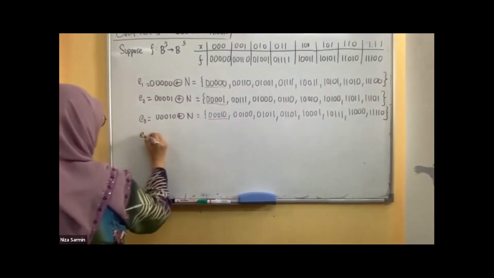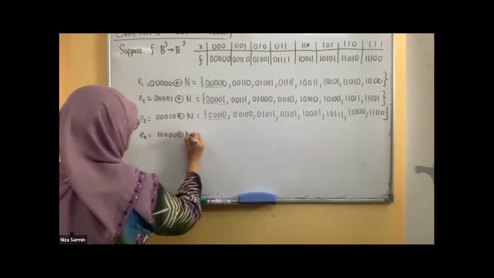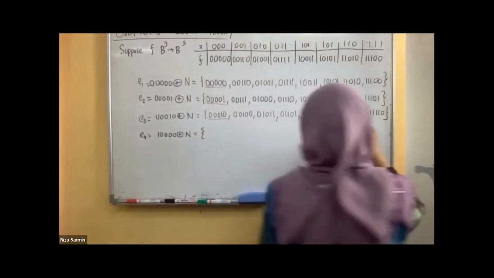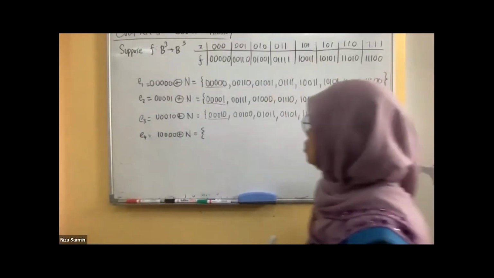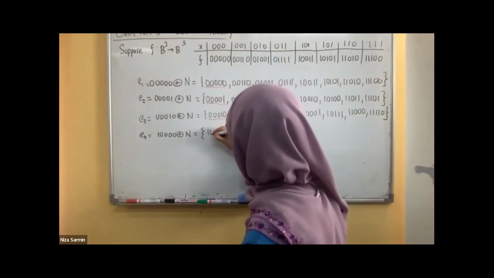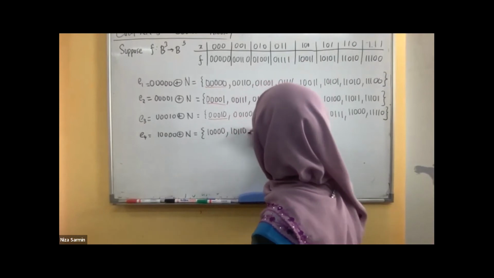So E4 is 1, 0, 0, 0, 0 plus n, because 1 with 1 is none inside here. So add 1, the first one here.